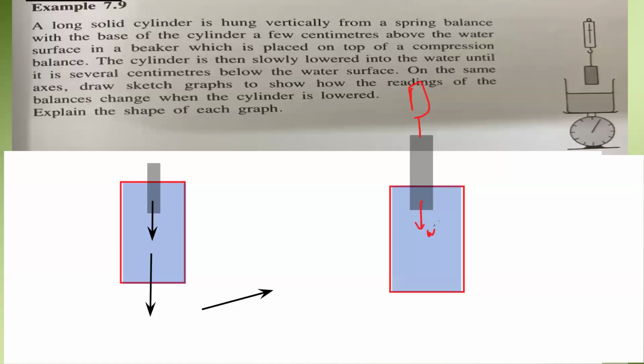So the weight of the object is acting downward, and because the object is in contact with the liquid, the liquid is applying an upward force, upthrust. There's also the spring pulling this upward, so tension is there. So the tension and the upthrust are acting upward, where weight is acting downward. So the tension is equal to weight minus the upthrust. That means however much the tension decreases, the same amount the value increases for the compression balance, and the same amount will decrease for the spring balance.